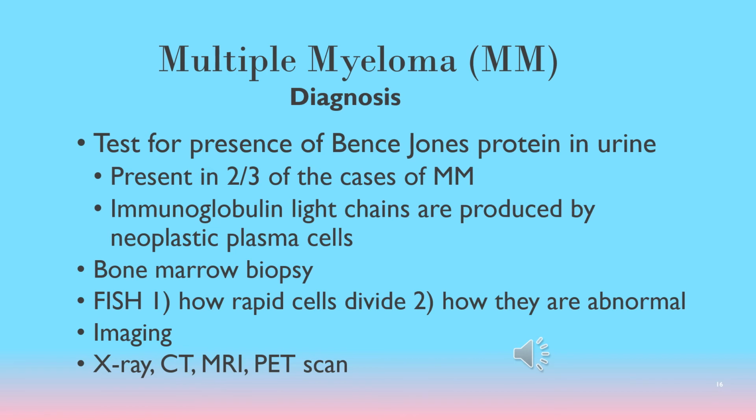Now, imaging can go anywhere from X-ray to CAT scan to MRI to PET scan, whatever they think is going to give them the most definitive picture of what they're dealing with. Ultimately, the bone marrow biopsy is going to give them the bulk of the information that they need.